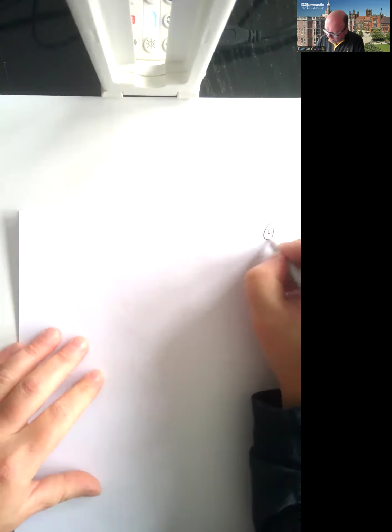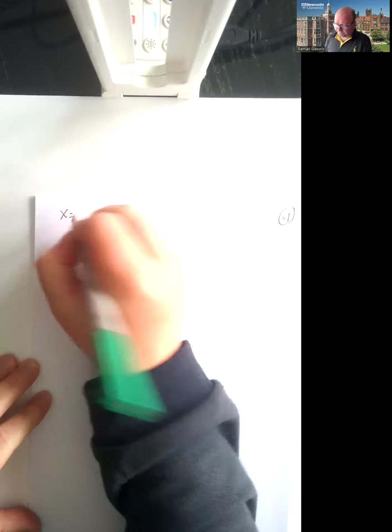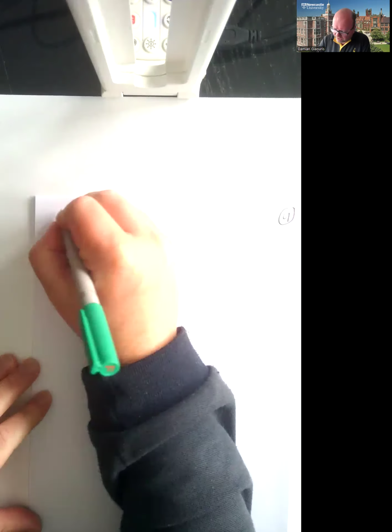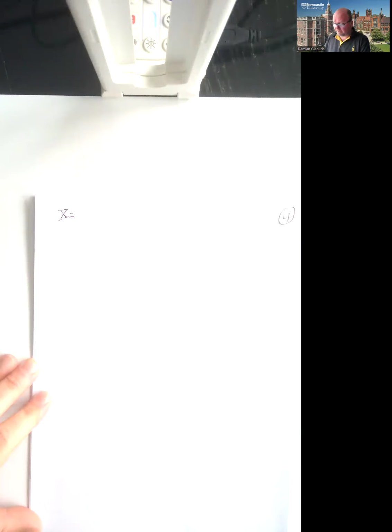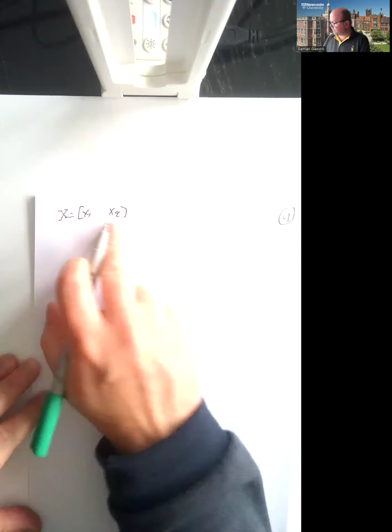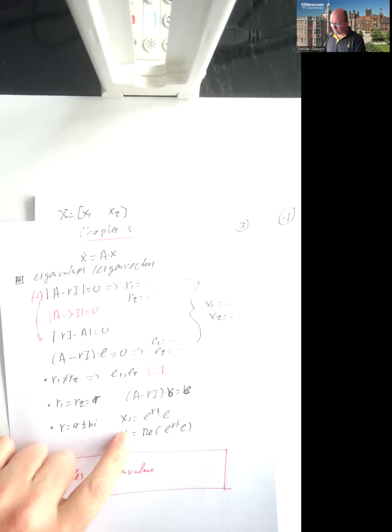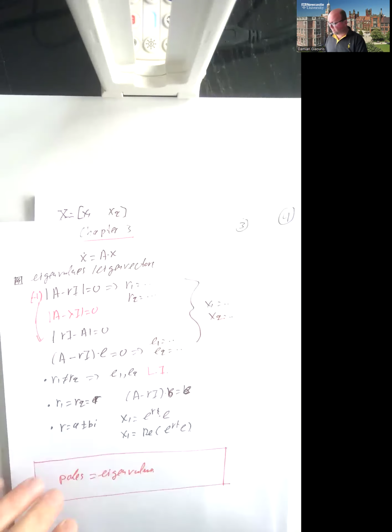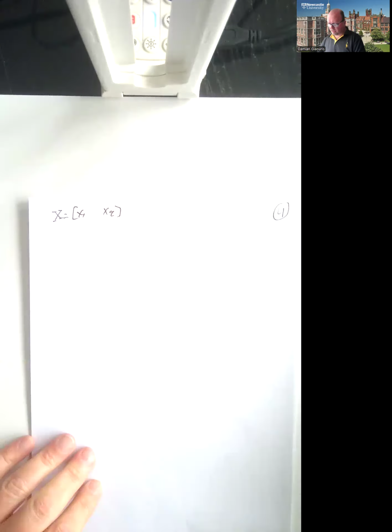Let's go now to the second bit. So this is page 4. In chapter 3, we have seen two more methods of how you can solve a state space model. The second method was via the fundamental solution matrix x1 and x2, where these two will be found by using the eigenvalues and the eigenvectors here.